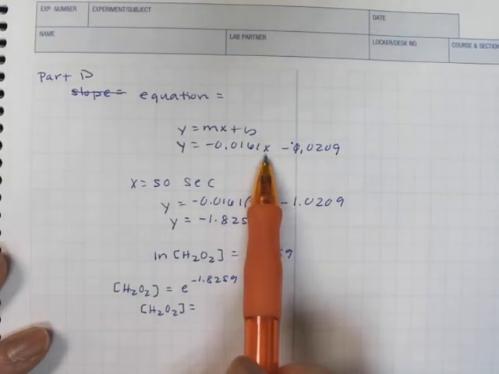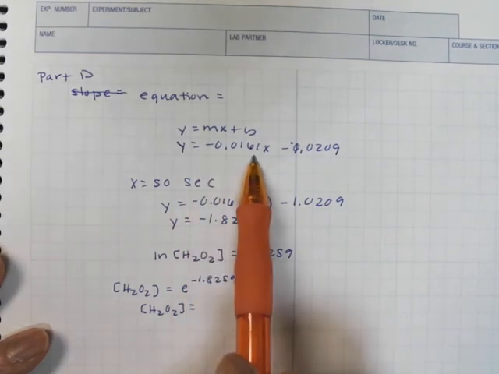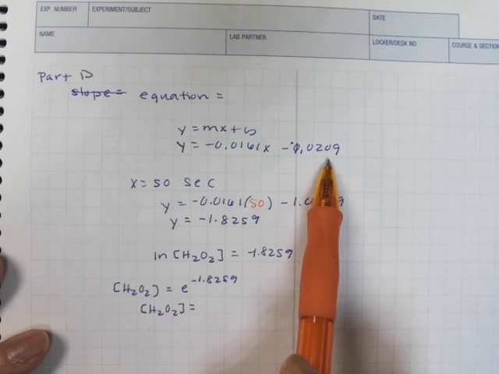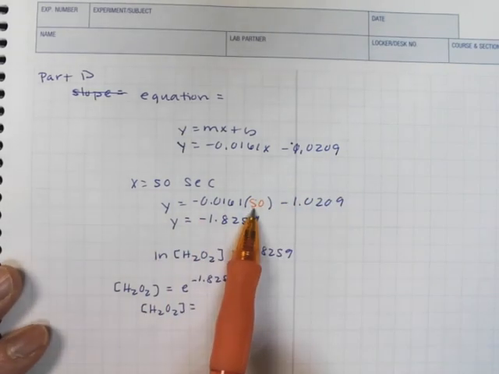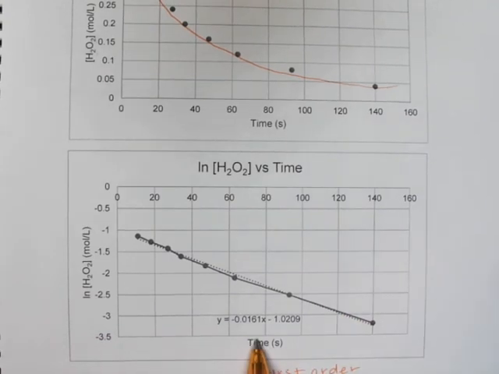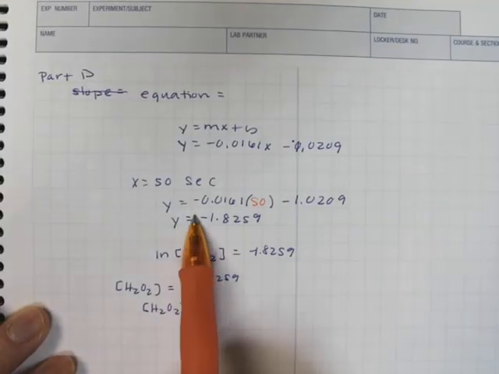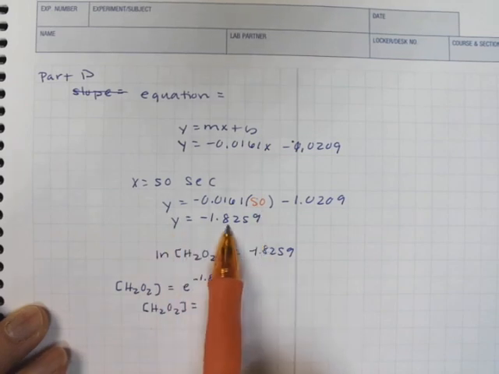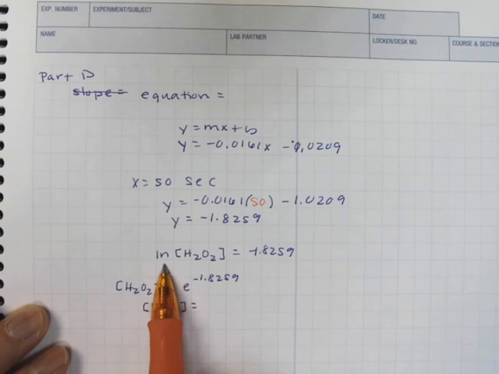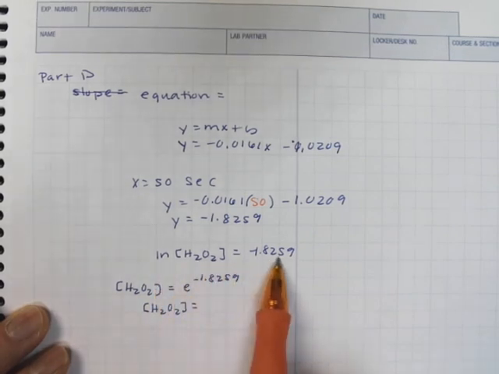Or we can use the slope of the line, so y equals negative 0.0161x minus 1.0209. So I'm just going to plug 50 seconds in for x because this is on the x-axis and I'm trying to get to 50 seconds. So I plug 50 in and get y equals negative 1.8259, the natural log of which equals this.